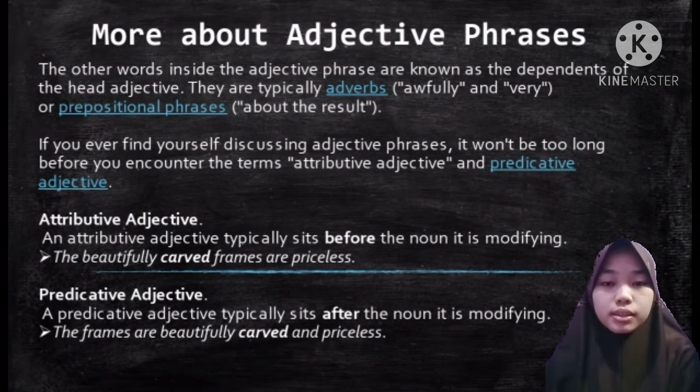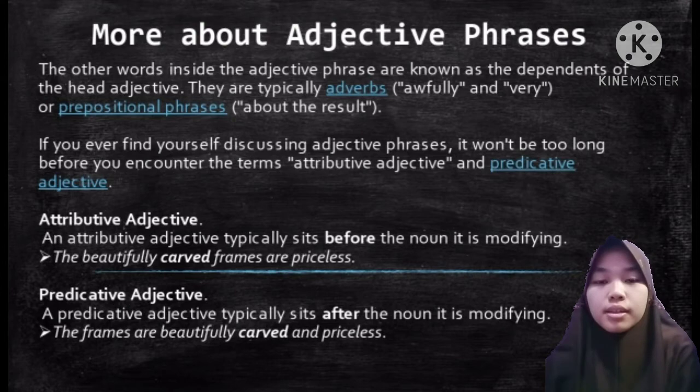More about adjective phrases. The other words inside the adjective phrase are known as the dependents of the head adjective. They are typically adverbs like fully and very, or prepositional phrases. If you ever find yourself discussing adjective phrases, it won't be too long before you encounter the terms attributive adjective and predicative adjective.